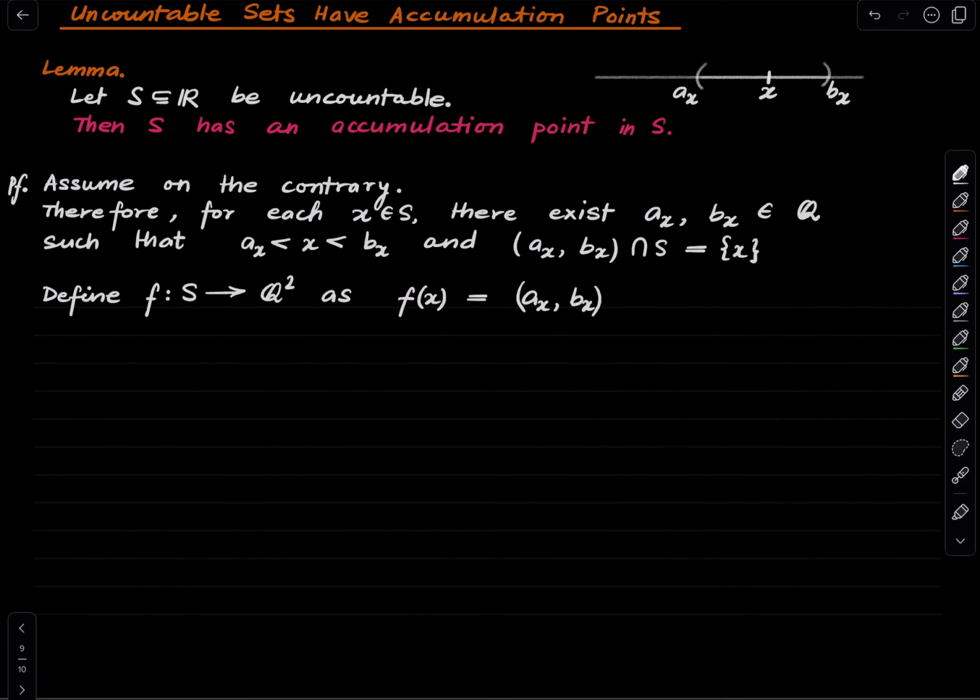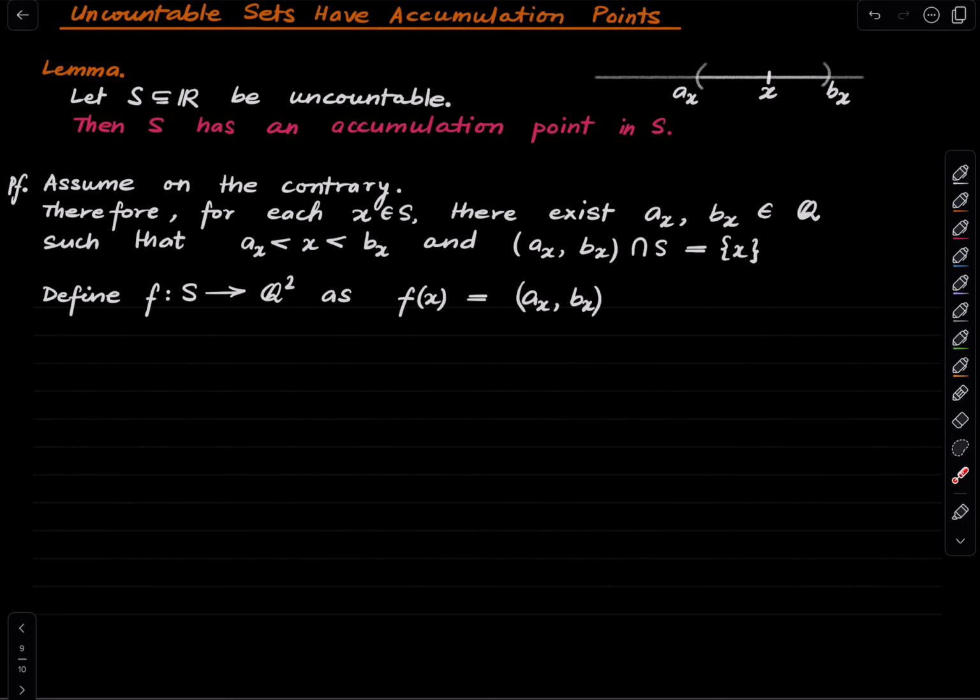Oh my god. So here this was denoting an open interval, but here we are trying to denote an ordered pair. This is a very unfortunate clash of notation. This also denotes this open interval, while here in this line what we are trying to say is that ax is the first coordinate of this value, and bx is the second coordinate of this value. I hope you're not confused.